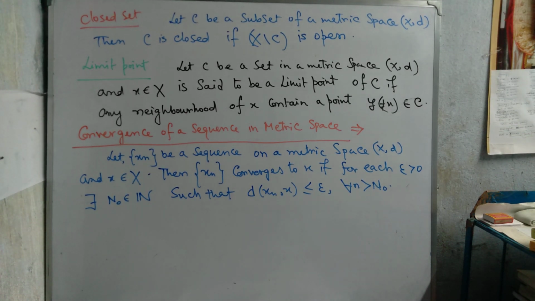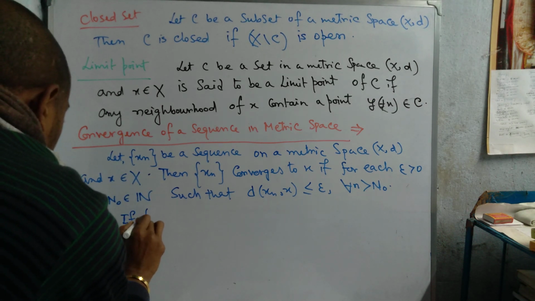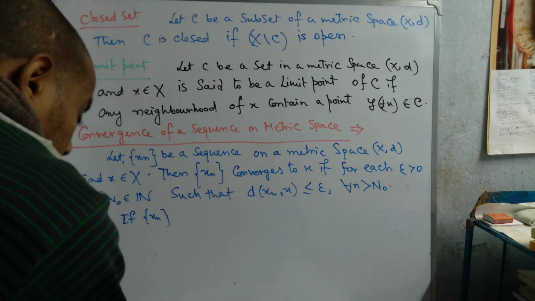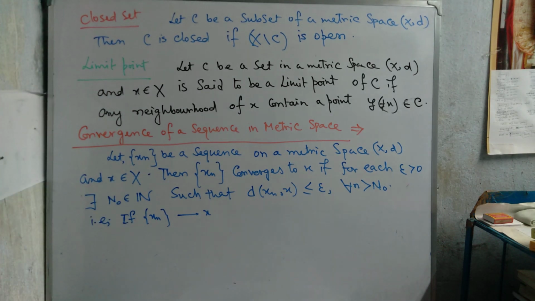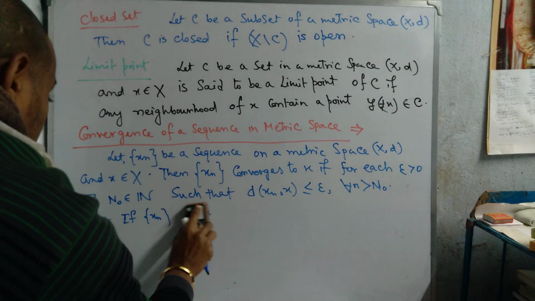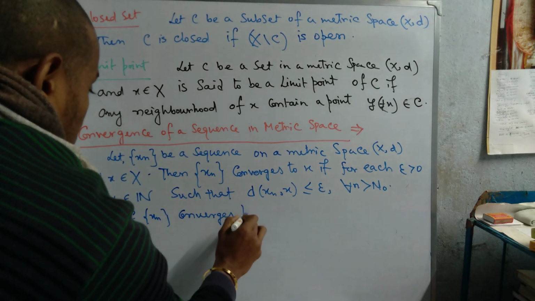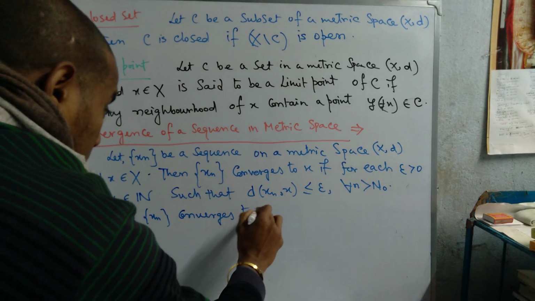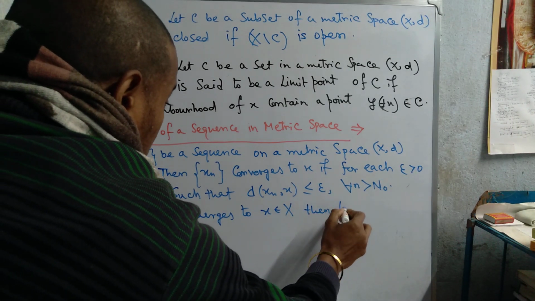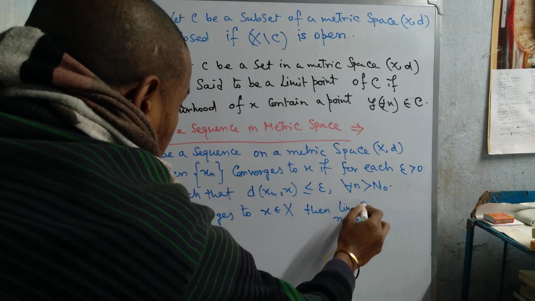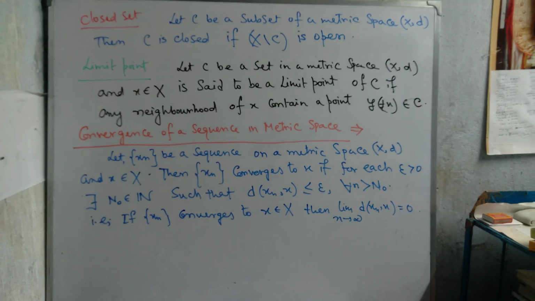This means that if xn converges to x belonging to X, then the limit as n tends to infinity of d of xn and x equals 0.